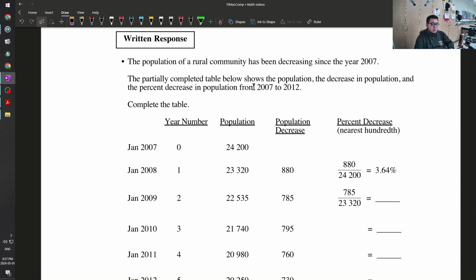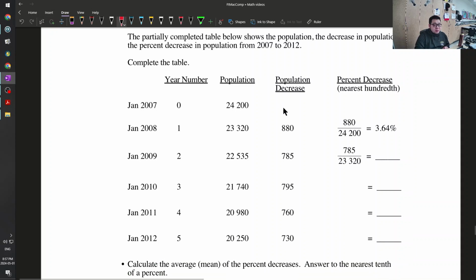Year 1, so there is a decrease. So I divide the decrease by the previous year's population. Decrease divided by previous population.